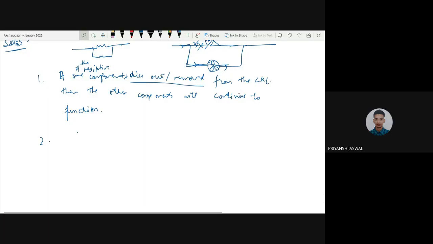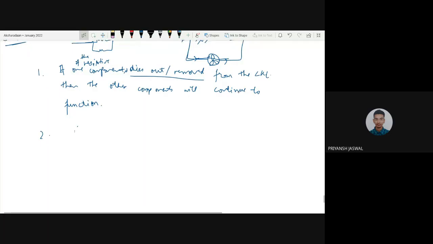What can be another advantage of parallel combination? If we put the resistances in parallel, then we can produce low resistances. Suppose we have a 1 ohm resistor and a 10 to the power 6 ohm resistor.